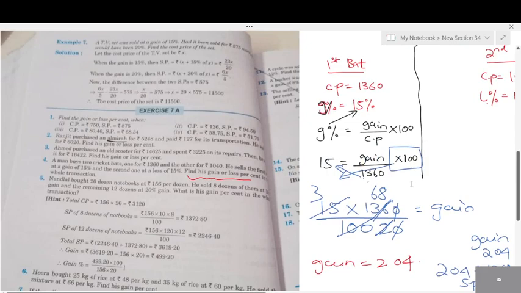Not sure. 11. What about 7C? Do you have 7C? Exercise 7C. Okay, we'll try to complete this 7 tomorrow, Thursday and Friday. Start 7C.